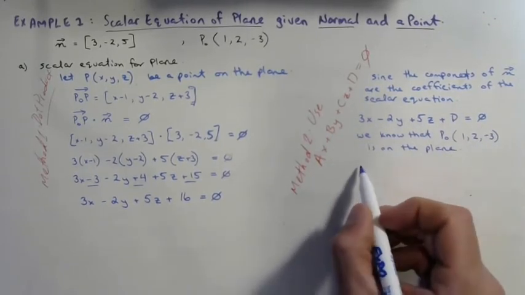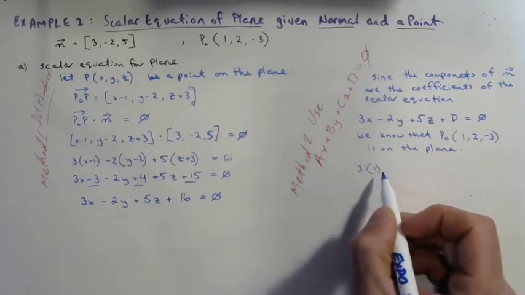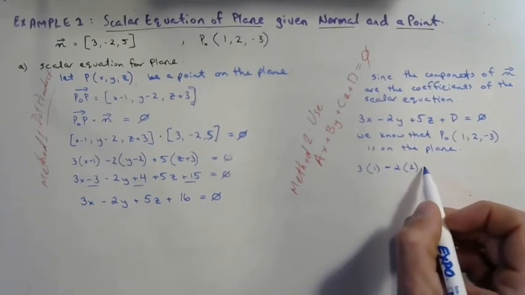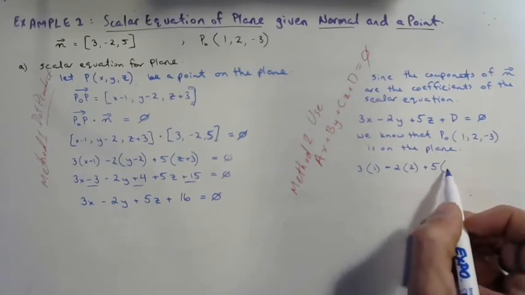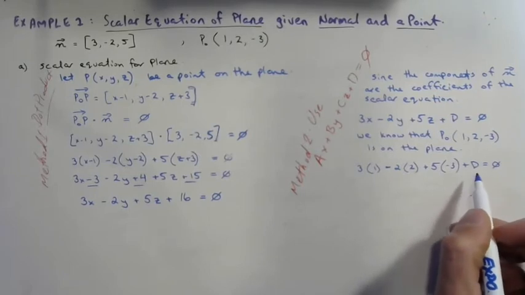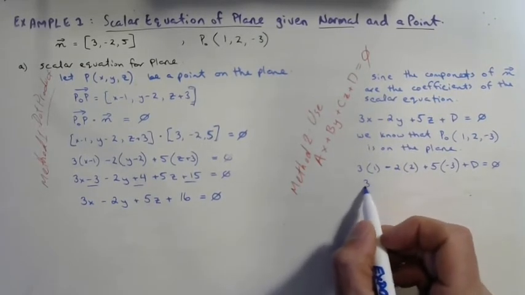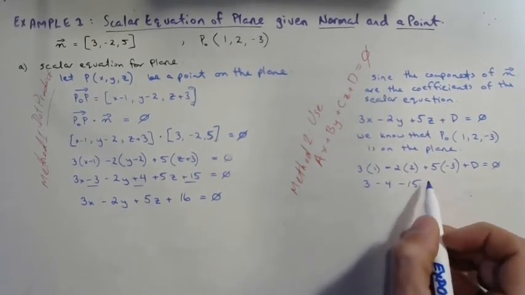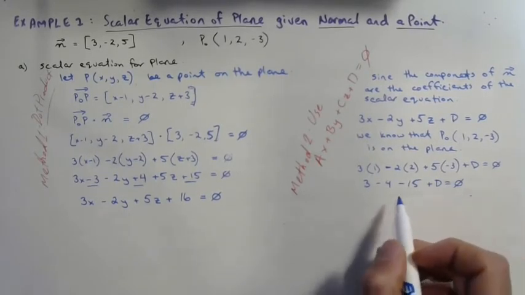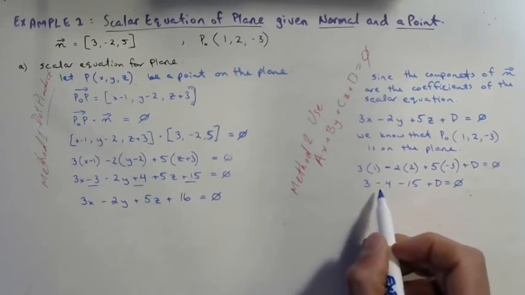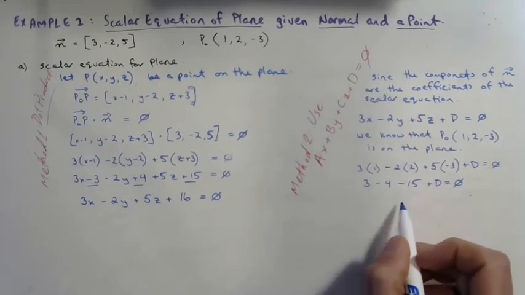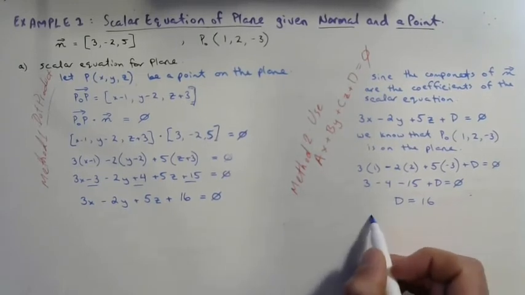So you can see how I'm going to be able to fill in x equals 1, y equals 2, z equals negative 3, and now the only variable left is d. I'll be able to solve this for d. So we've got 3 minus 4 minus 15 plus d equals 0. This is negative 15 minus 1 more is negative 16. Add 16 to both sides, I get d equals 16.